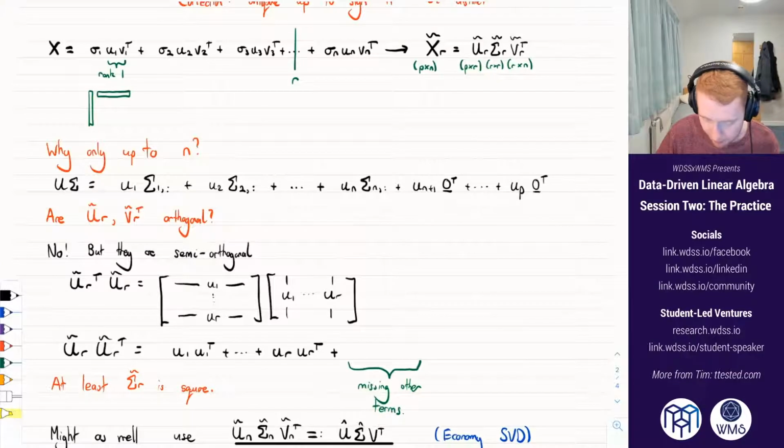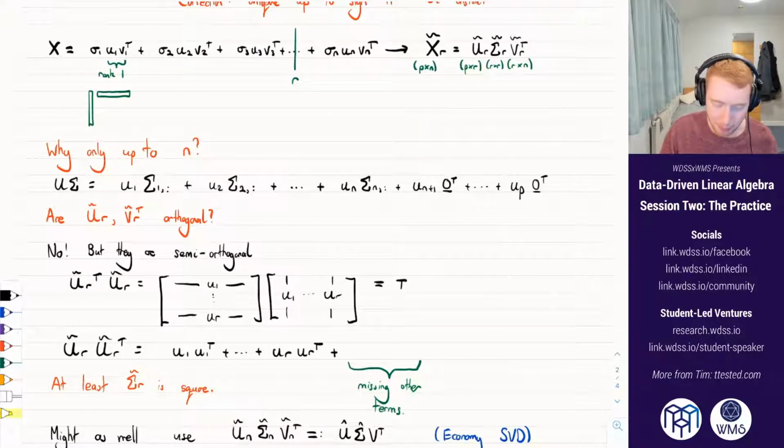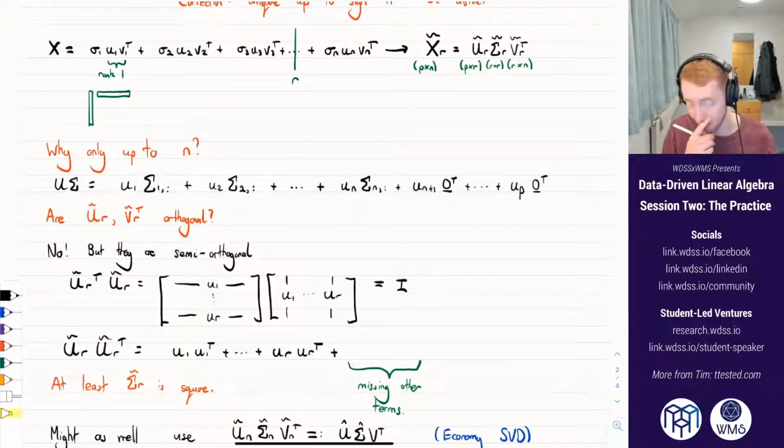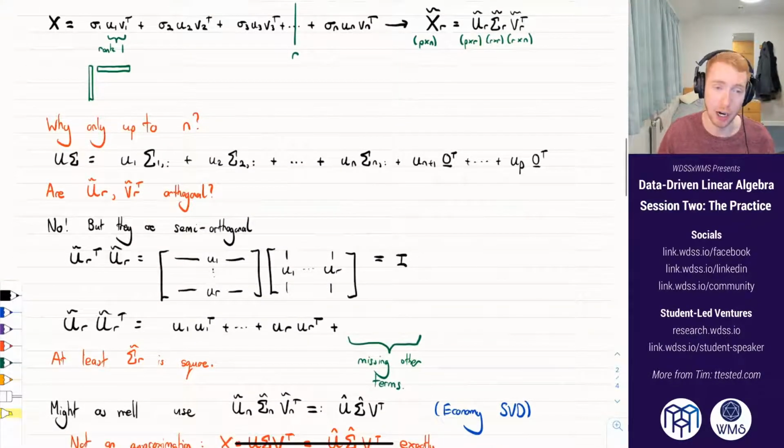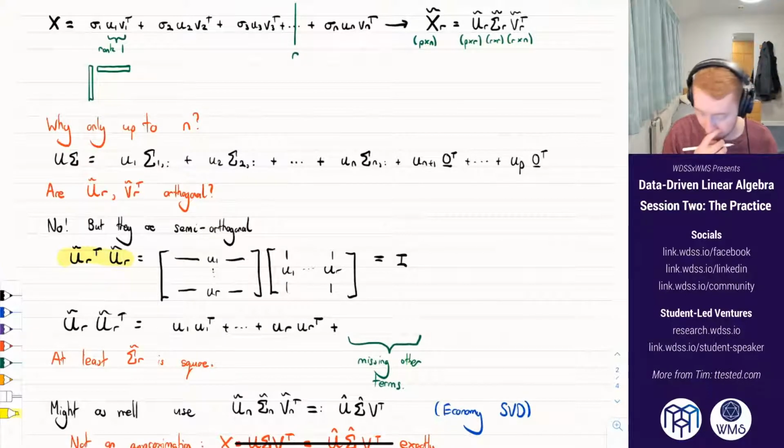This is still the identity because all of these inner products still give the same values. So that works fine. But if we do it in the other direction, which would have been the identity before, this is no longer the identity because we're missing all of the outer product terms after R. And so this is not an orthogonal matrix, but actually we only need this first property in the rest of the session. So that's fine. And the same thing goes for V.